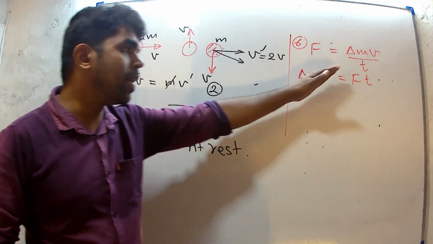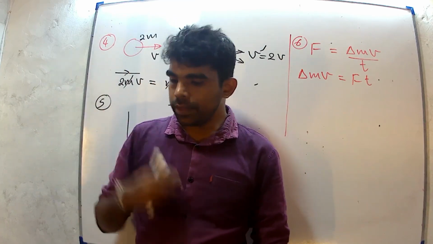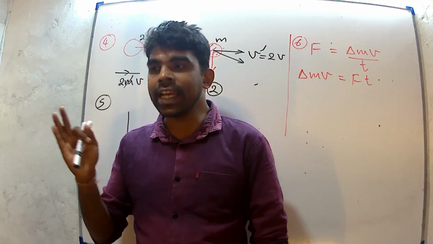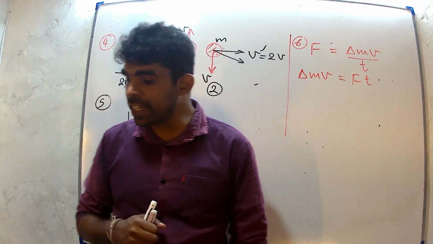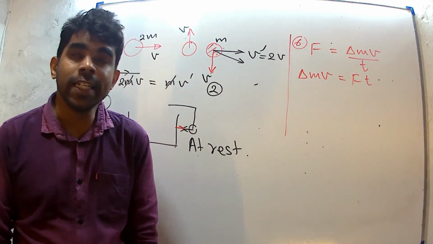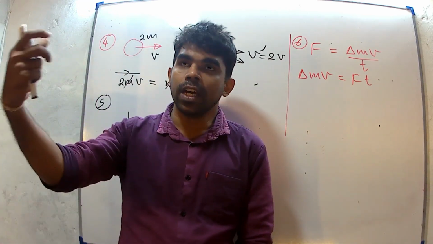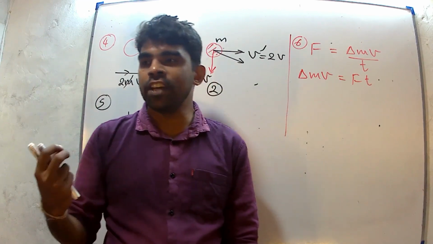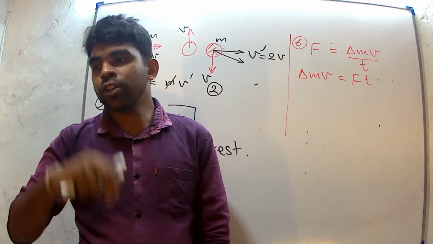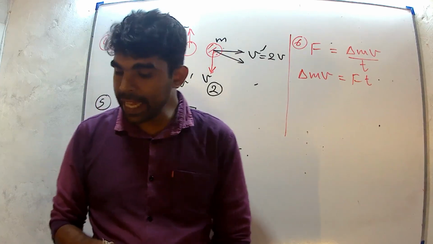Force into time means the product between the y and x physical quantities given in the graph. Therefore, we have to find the area of the graph, which is equal to the product of the y and x axes.